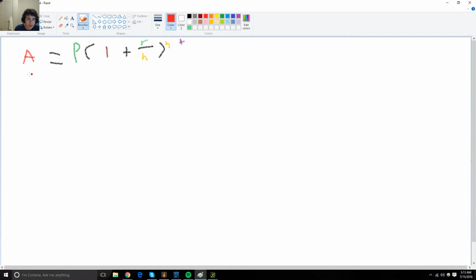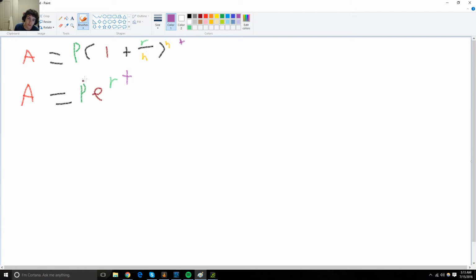So then we get the continuous. This is for if it's compounded yearly, quarterly, monthly. If it's compounded continuously, then it's going to be A equals P e, which is the natural number, like 2.7 something, to the r t.